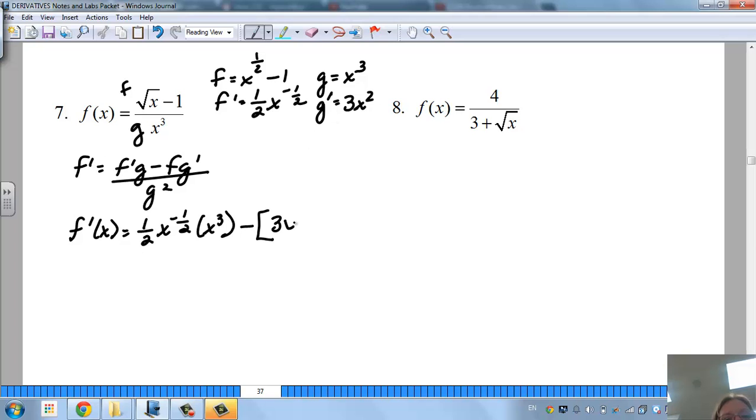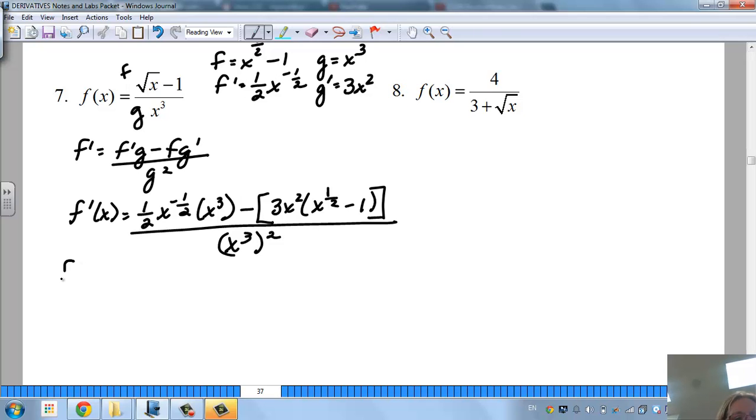So I'm going to put the g prime first, times x to the half minus 1, all over g squared.